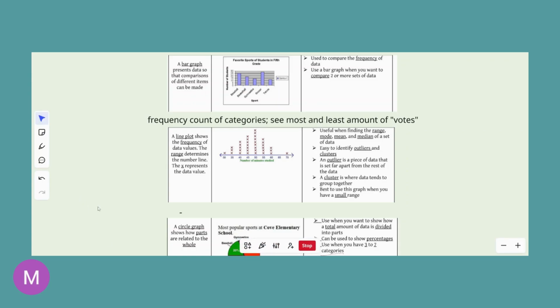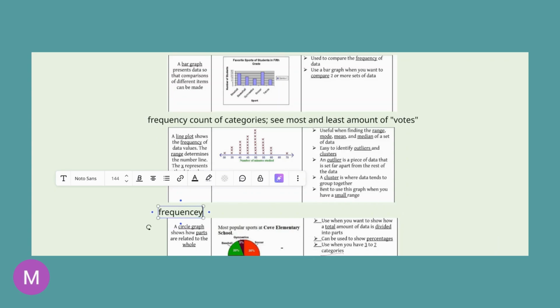So we're going to add that little note that this is still used for frequency counts, but it's usually frequency counts of numbers, test scores, actual quantitative pieces of data. But it will show, you see, specific scores, or number data.